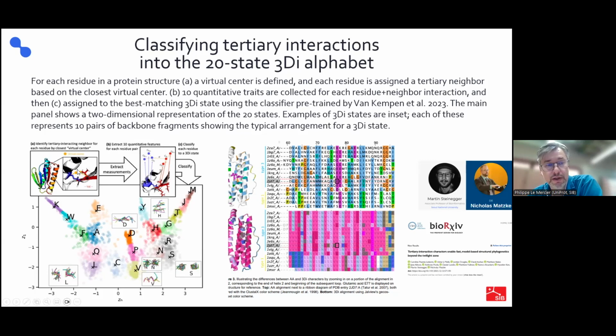The software calculates a kind of virtual center of interactions between different regions of the protein, then you calculate the closest neighbor, and then you change it to a letter. So it's a completely different alphabet than amino acids, which actually describes which kind of neighbor is there. For example, between this beta strand and alpha helix, it will compute some kind of letter that describes that this amino acid is interacting with this kind of amino acids. And it looks pretty simple when you say it, but it was done with a lot of training.